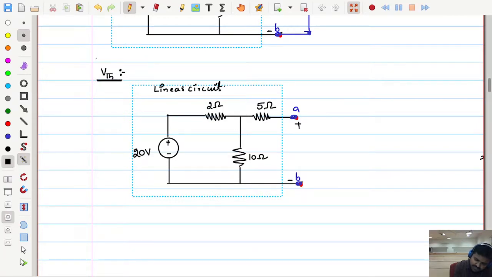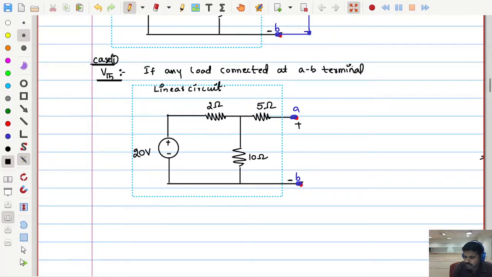This is case 1. Case 1 is finding the Thevenin's voltage. In finding the Thevenin's voltage, what we need to do is, if there is any load connected at the required terminals, if any load is connected at AB terminals, remove it or disconnect it.